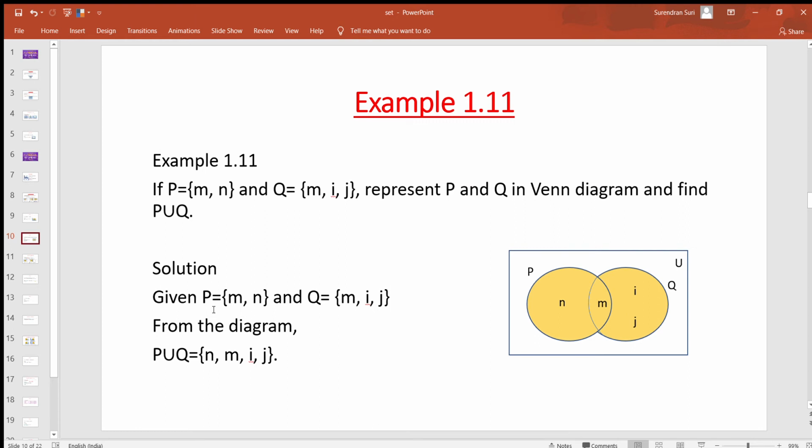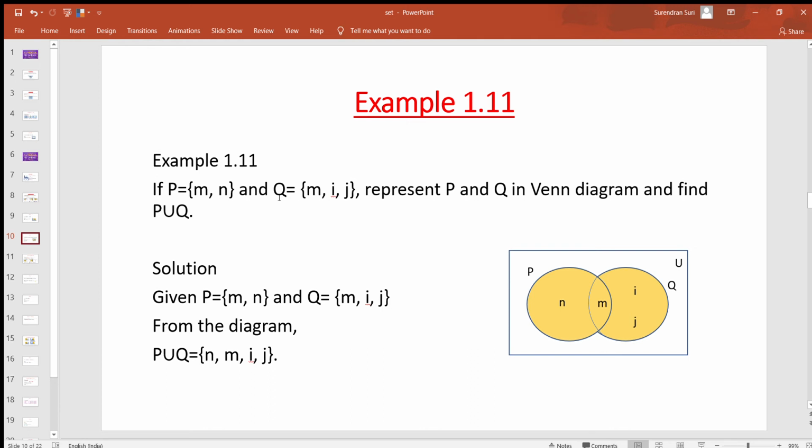Next we will see example 1.11, where they have given two sets, that is P is equal to the set of M, N and Q is equal to the set of M, I and J. They are asked to represent P and Q in a Venn diagram and find P union Q. While representing it in a Venn diagram, first we'll see whether it is a joint or disjoint set.